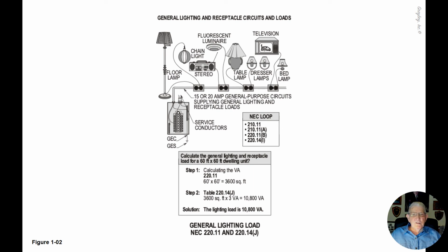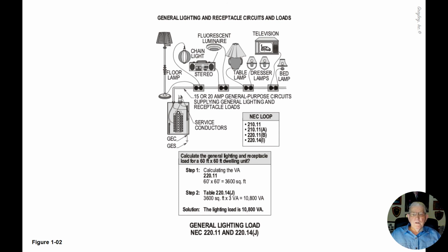So in the solution, after reviewing step 1 and step 2, we find that the total VA for the lighting load and receptacle load is 10,800. Now we will review with you in Stallcup's Test Taken Made Easy the procedure used to determine the number of branch circuits based upon this 10,800 VA as we move on through and into the upcoming illustrations.